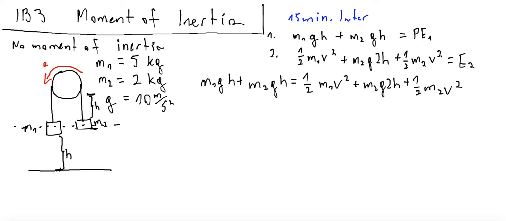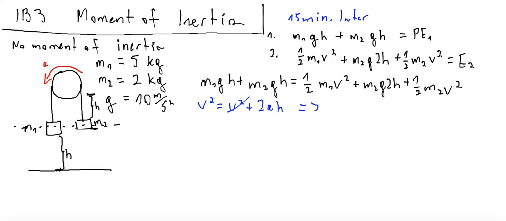So we have to include acceleration in our equation, and we want to eliminate height and v squared. What is the height? Height is the distance traveled by mass m1 or m2, starting with velocity equal to 0, and velocity at the end is v. In a uniformly accelerated motion, v squared is equal to u squared plus 2ah, and of course our u squared is equal to 0.